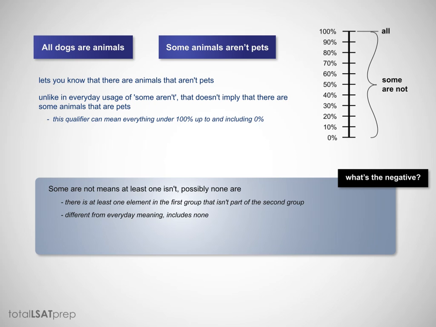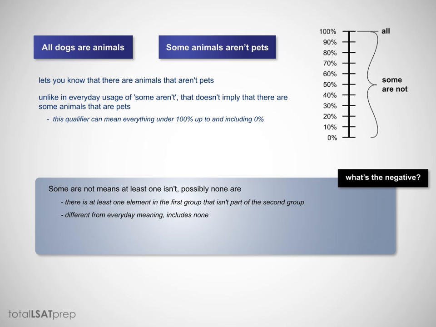We include that 0% because some aren't can also mean none. So some animals aren't pets can mean that no animals are pets. And if we look a little bit closer at our graph here on the right, we see that some are not encompasses everything below 100%, including the 0% bar.